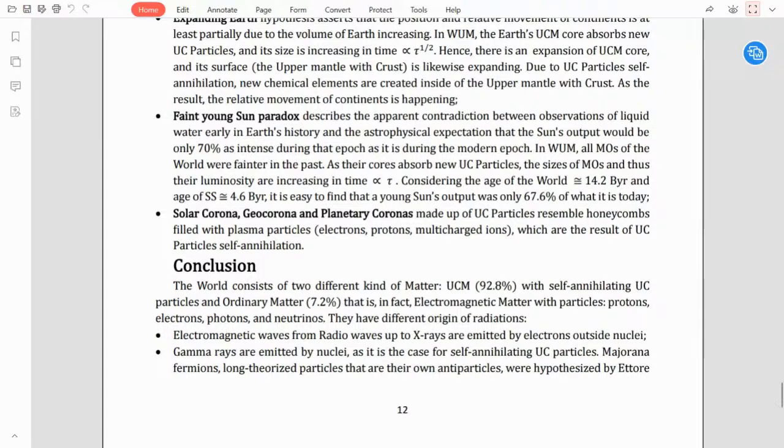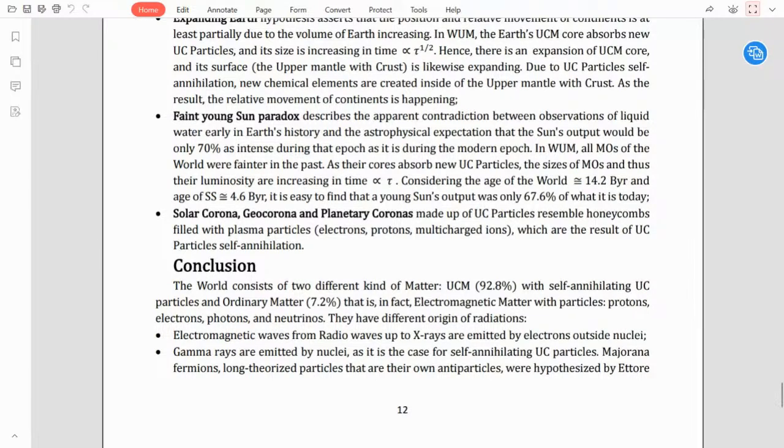As their cores absorb new UC particles, the sizes of macro objects and thus their luminosity are increasing in time proportional to tau. Considering the age of the world, 14.2 billion years, and the age of the solar system, about 4.7 billion years, it is easy to find that the young Sun's output was only 67.6% of what it is today.